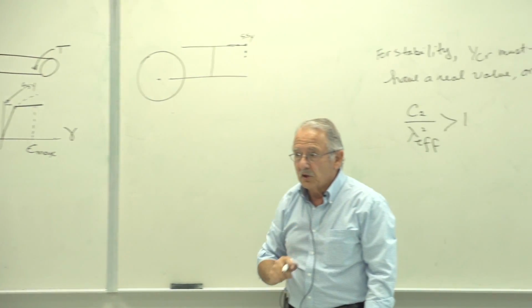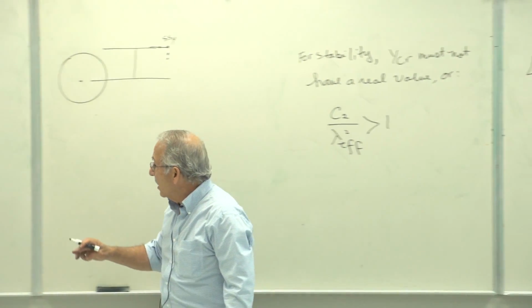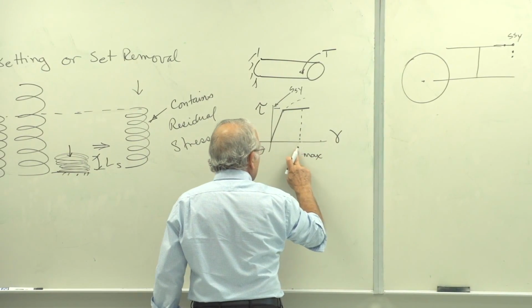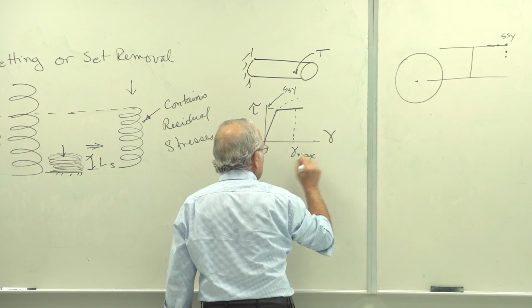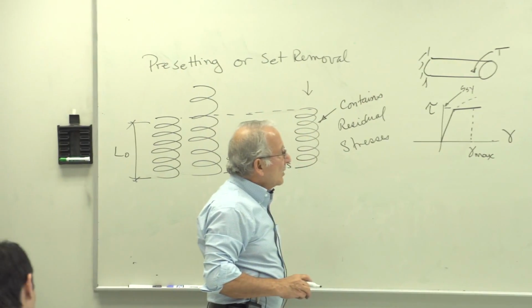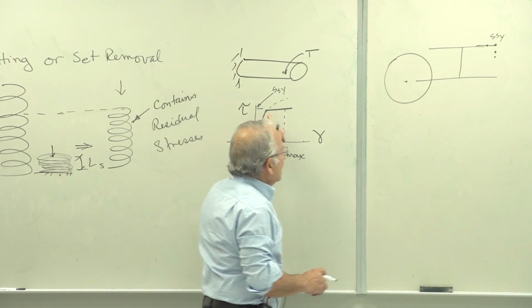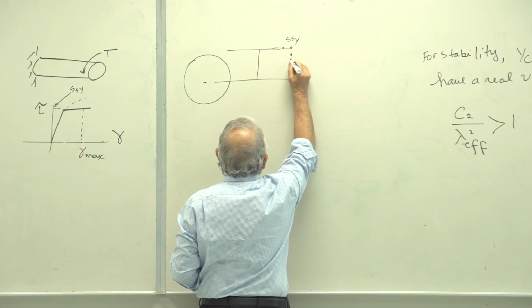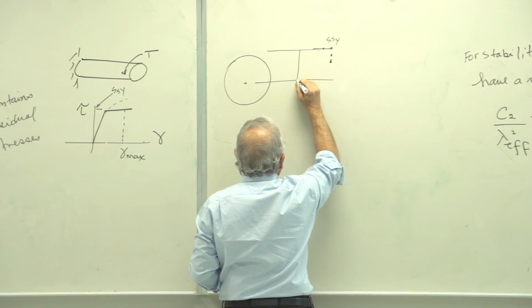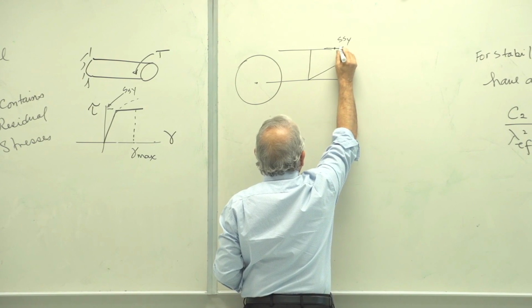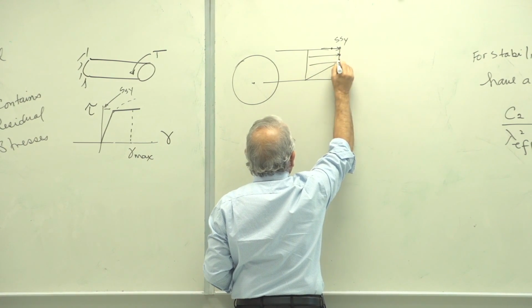And the strains are decreasing. Tau, gamma. This is gamma max. And finally, I get to this point. Let's say it's over here. And then eventually, it comes down to 0. So this is my shear stress diagram.